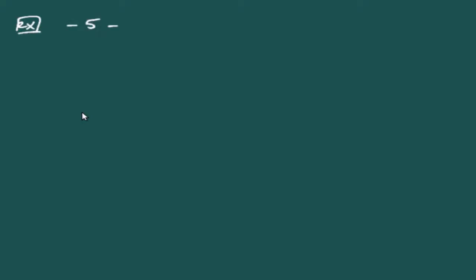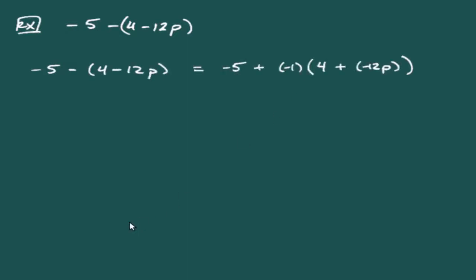And so for one final example, suppose we have negative 5 minus the quantity 4 minus 12p. Again, we're seeing this minus the quantity 4 minus 12p as really being adding on a negative 1 times the quantity 4 plus a negative 12 times p.